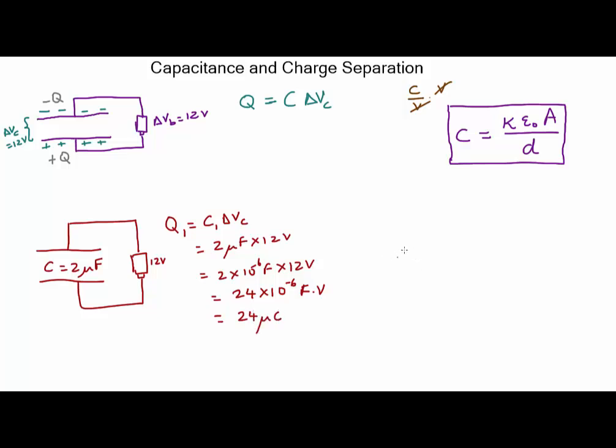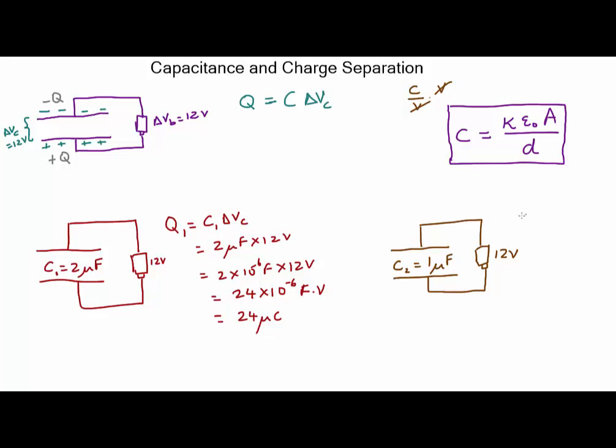To take a different example, if I had another capacitor over here that had a capacitance of 1 microfarad, and I connected it to the exact same 12 volt battery and let it fully charge this capacitor, how much charge would need to be separated?